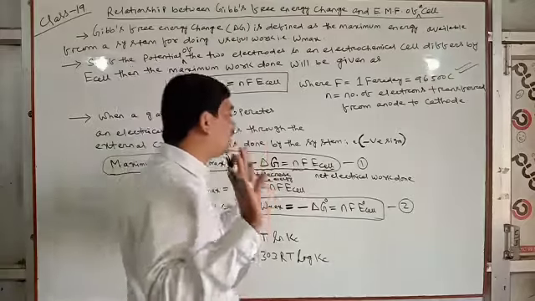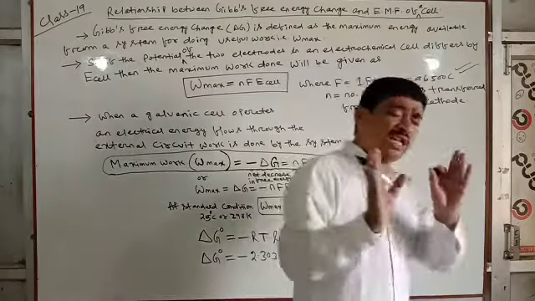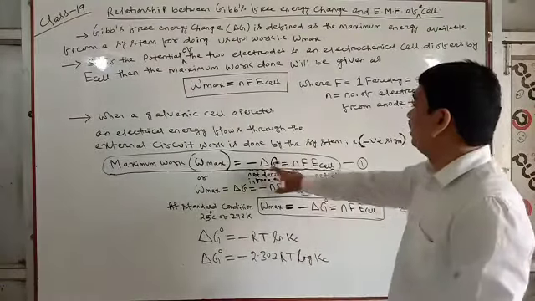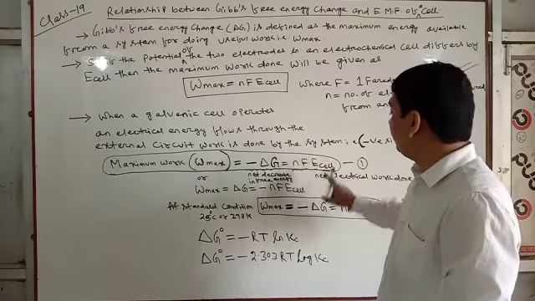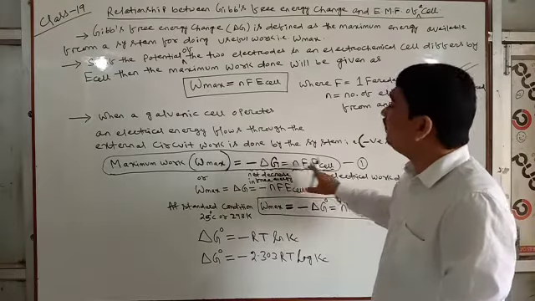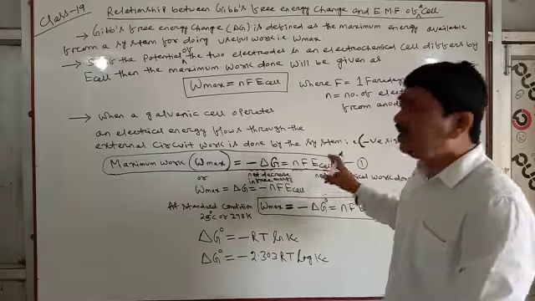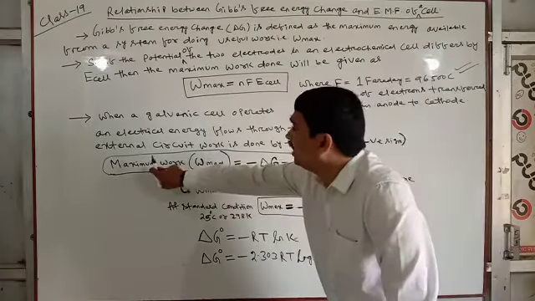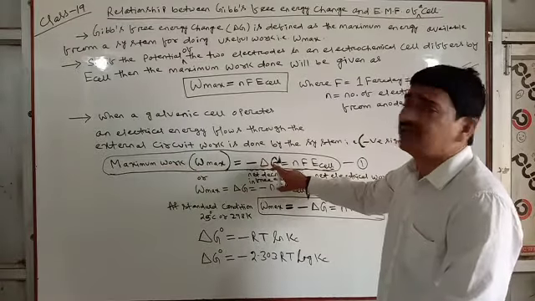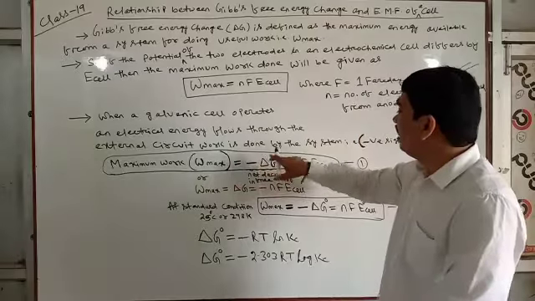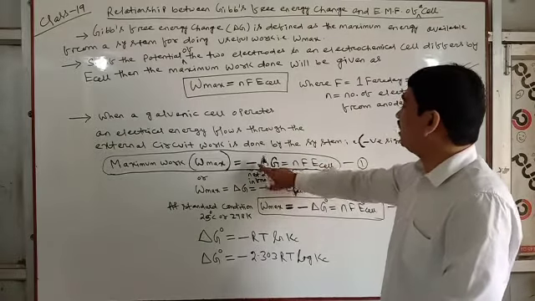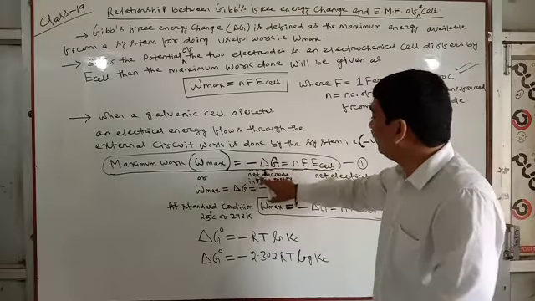If the question asks what is the relationship between free energy and EMF of a cell, you will simply write minus delta G equal to nFE cell, or maximum work done, W max equal to minus delta G equal to nFE cell. What is minus delta G? Net decrease in free energy.